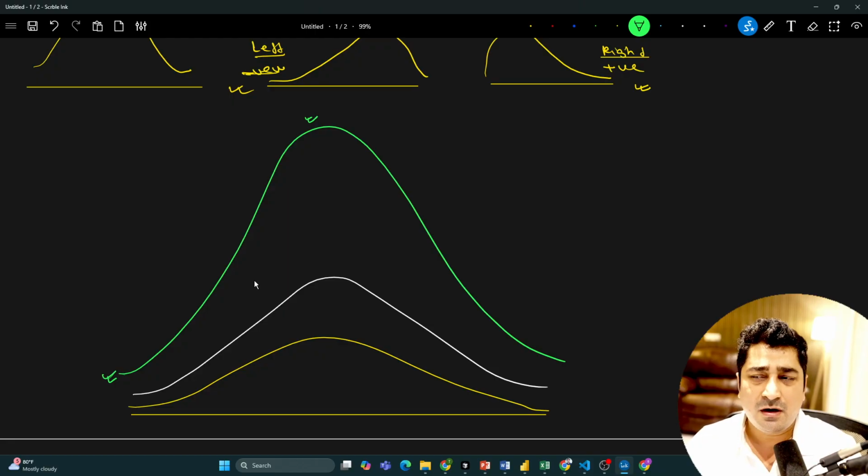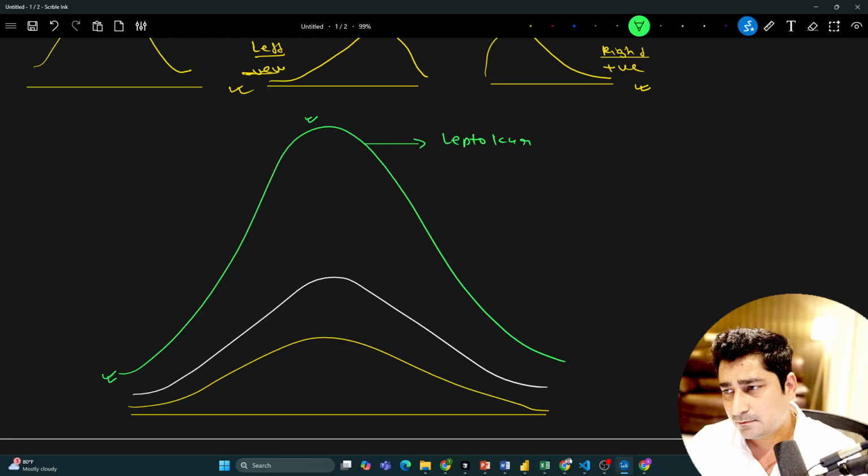And what kind of observation will I be able to find out just by looking at the shape of the tail and the peak? I'll come to that particular point, but this one I'm going to name as leptokurtic.